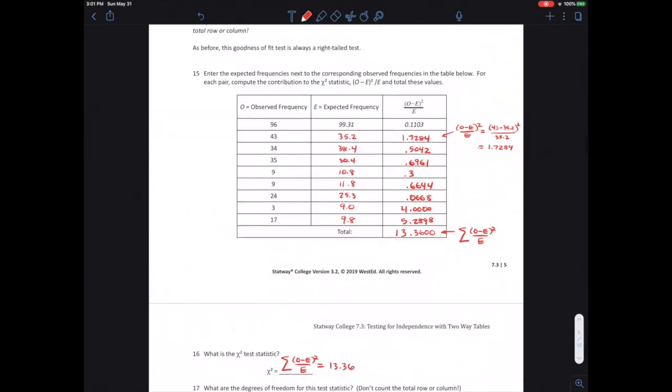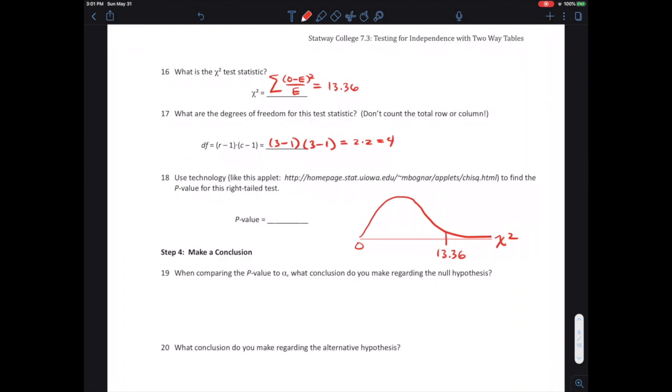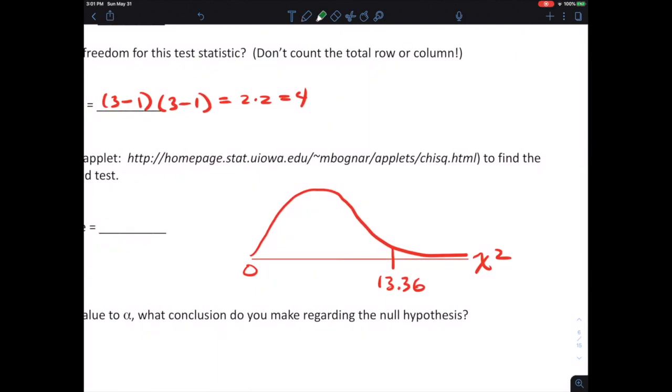We want a p-value. So maybe a little sketch would be worthwhile. Remember, these are always right-tailed tests. And 13 is going to be way up there. So 13.36 is what we're using for our test statistic. Chi-square distribution, like that. The area of the tail here is our p-value.